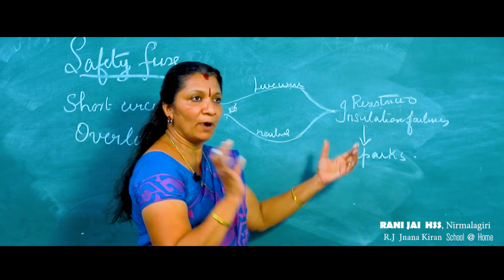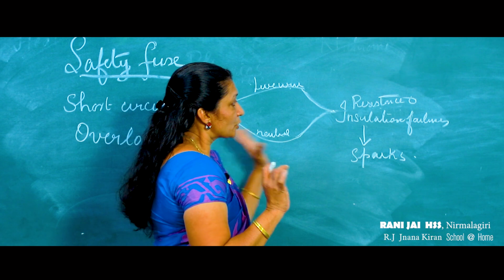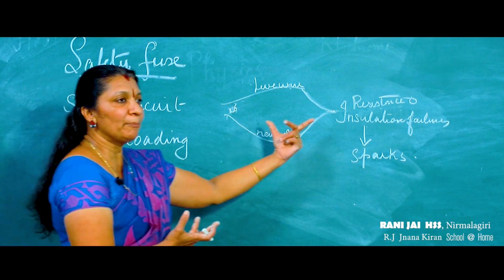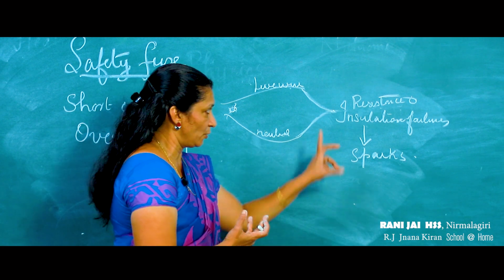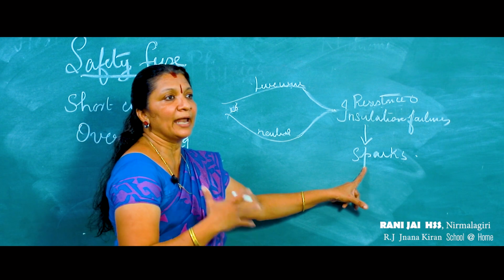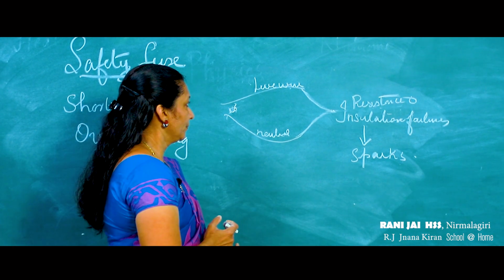What is the reason? The one reason they will give you is short circuiting. So if there is an overflow of current, resistance becomes 0. As a result, the current will be more, sparks will be produced, and it will cause fire to the whole building.